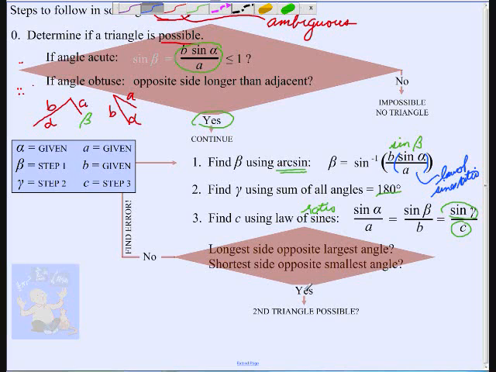And if these things are true and you have an acute angle, if I should put it this way, if alpha was an acute angle, then you keep going because you need to find that second triangle. If the answer to this is no, well, you clearly have made a mistake. You need to go back and find what your mistake was.